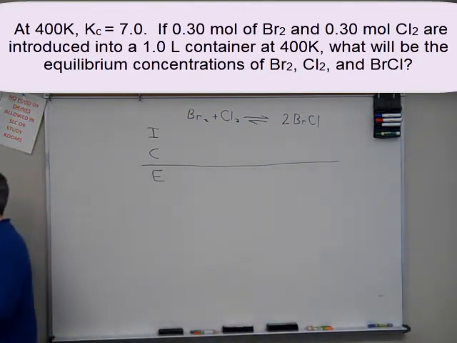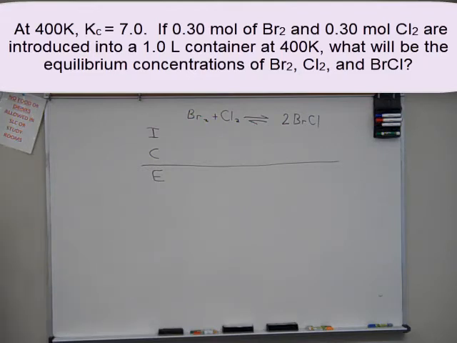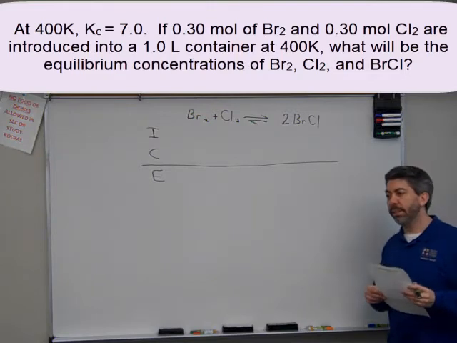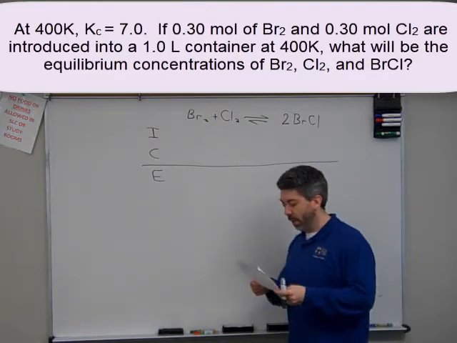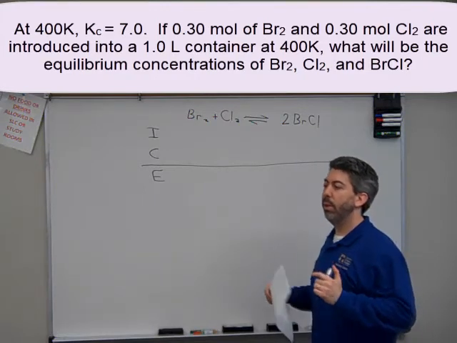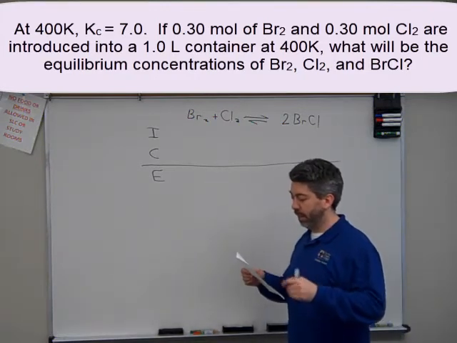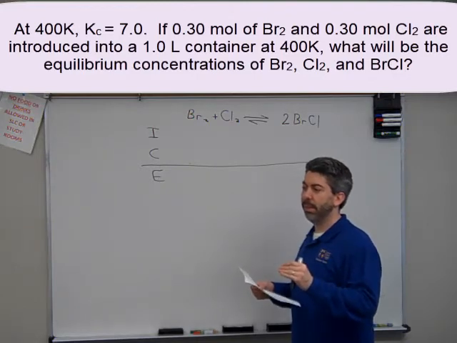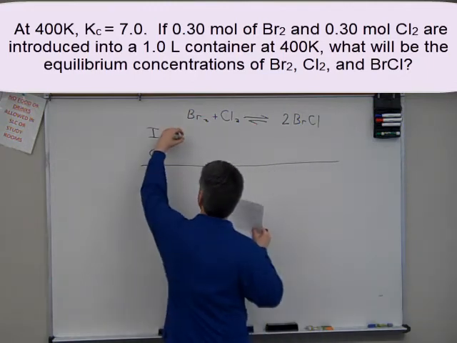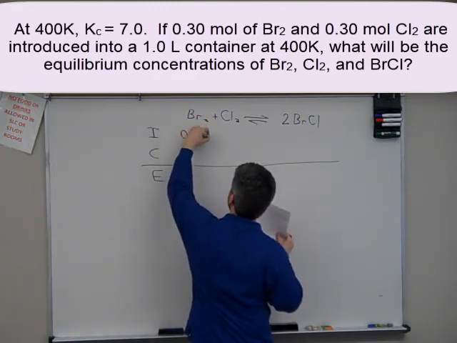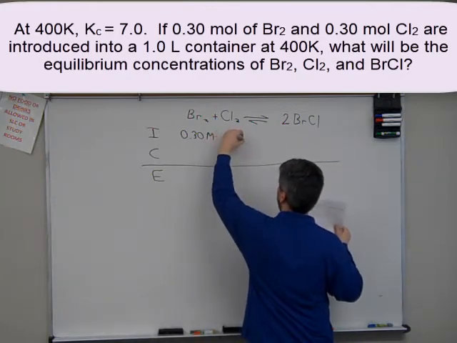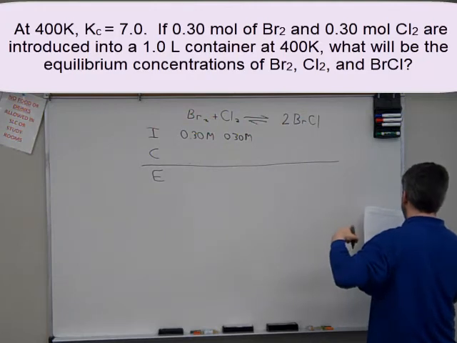No. An ICE chart must use molarity, concentration. However, in this case, very conveniently, we are using a 1 liter container. So, since you're dividing the moles by 1 to get molarity, the molarity is the same number as the moles. So it'll be 0.30 molar Br2 and 0.30 molar Cl2.